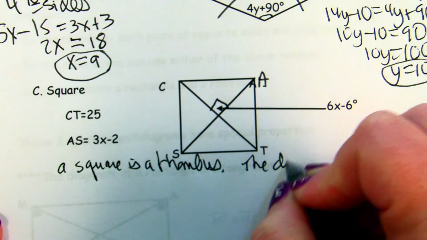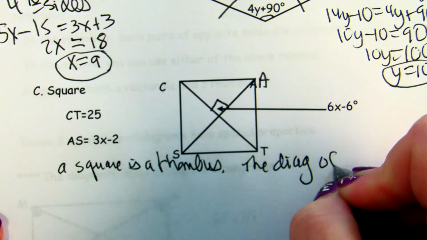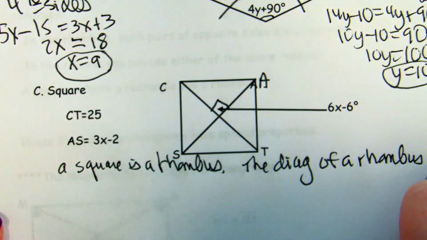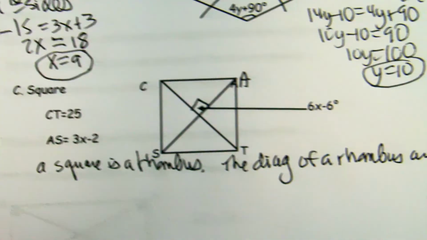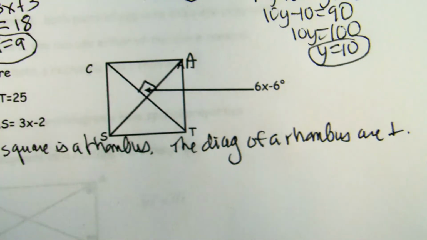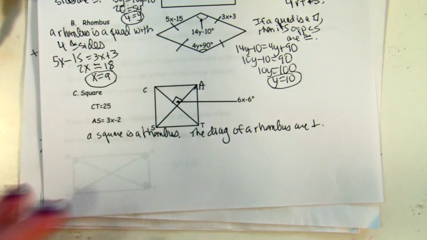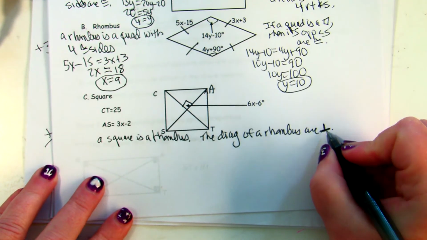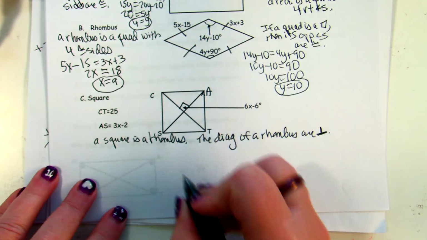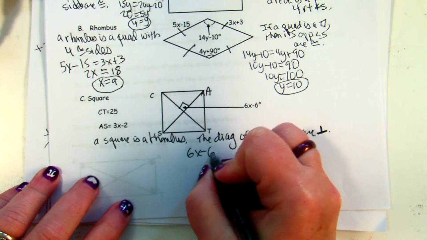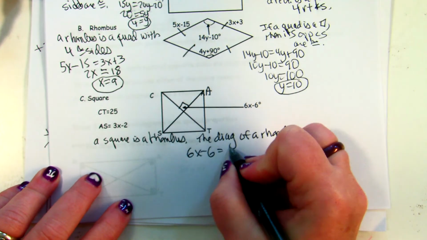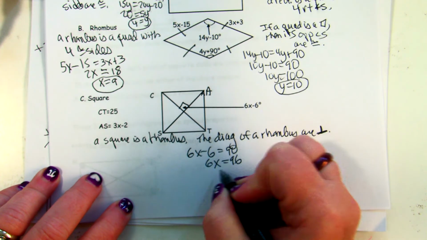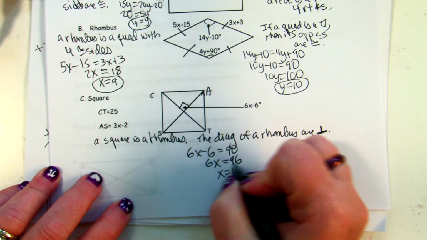The diagonals of a rhombus are perpendicular. Or you can just say the diagonals of a square are perpendicular, because that's true. As well, perpendicular is an upside down T. So 6x minus 6 is pointing to the 90. So 6x equals 96, x equals 16.